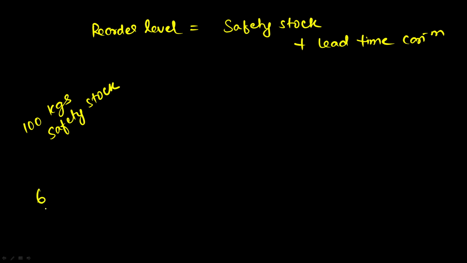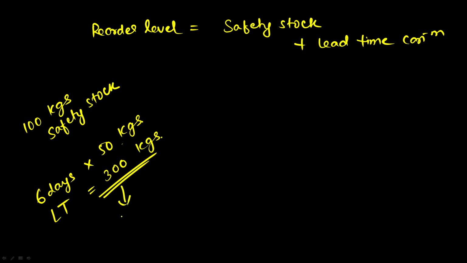And say you have 6 days of lead time, and every day you consume 50 cages. What will be 6 into 50? 300 cages is termed as lead time consumption.